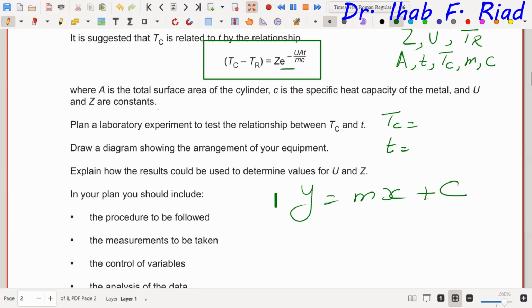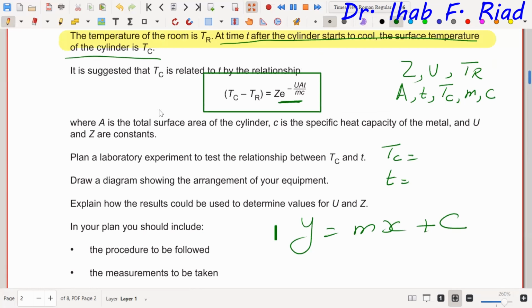Multiply ln. Sorry? We don't say multiply. You say apply. We don't multiply by the ln function or the log function. We apply the ln function to both sides. So do that and tell me what we need to put in our table to plot. Then I'm going to end it here and see you in 10 minutes.